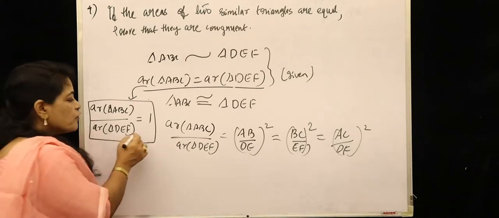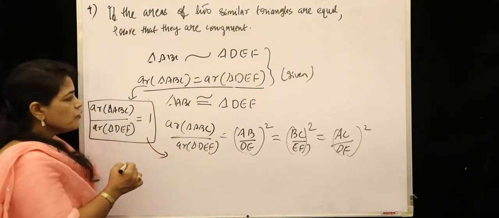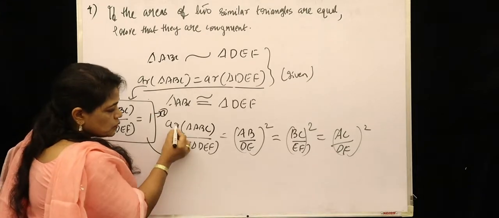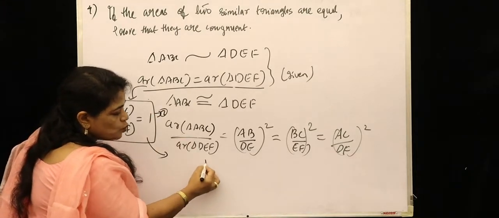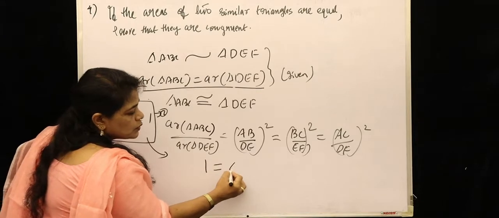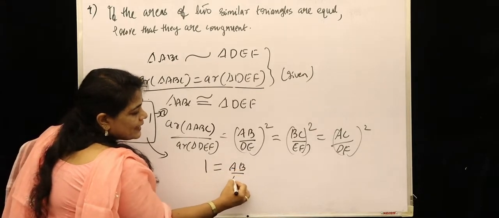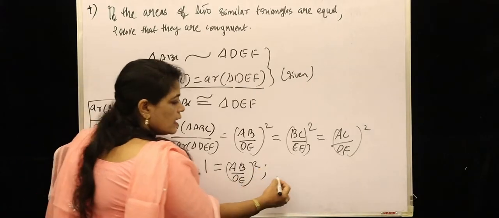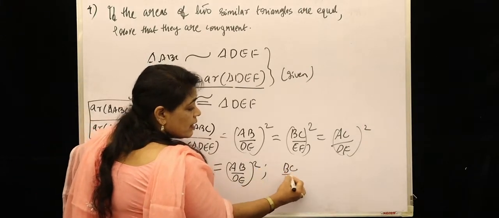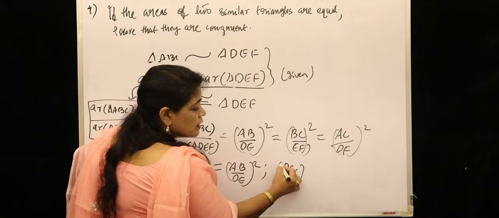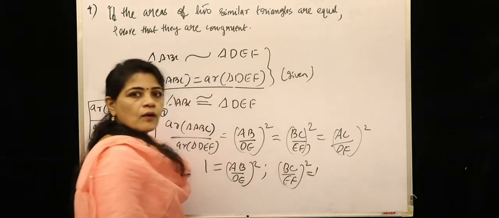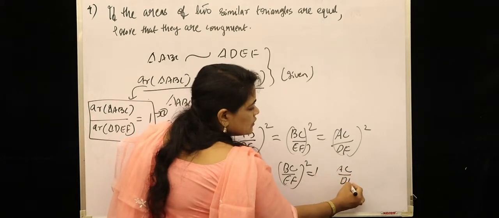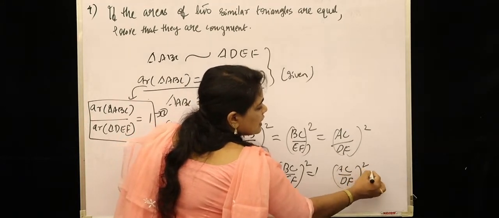From equation number 1, you can substitute the LHS part as 1. So 1 equals (AB by DE) whole square, (BC by EF) whole square is also 1, and the same way (AC by DF) whole square equals 1.